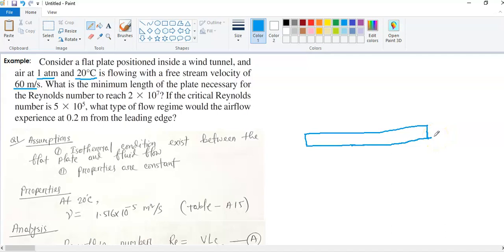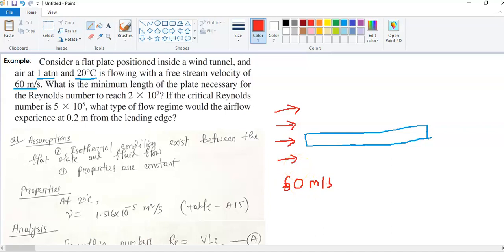Okay, and the air, let's say this is the free stream velocity, it is moving this way. So this is the free stream velocity, which is given 60. The free stream velocity is given 60 meter per second.